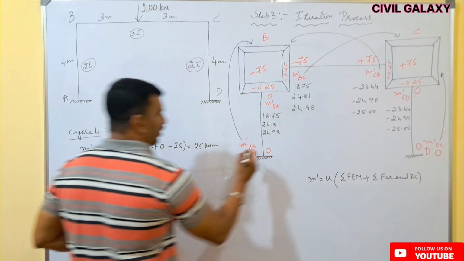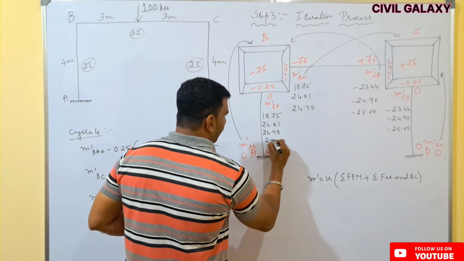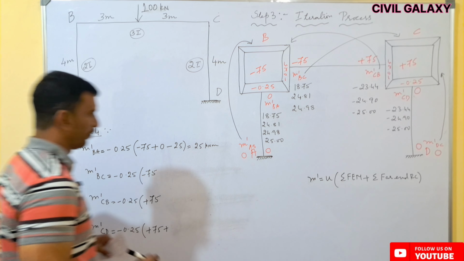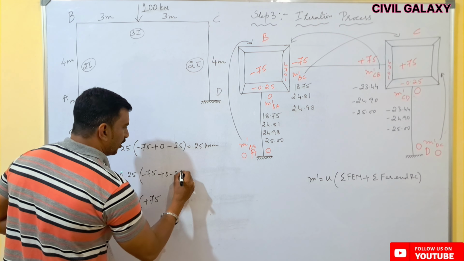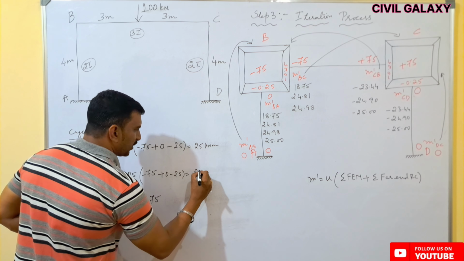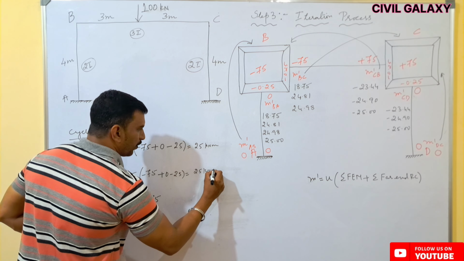So here the value will be equal to 25.00. So here also it remains same, minus 25, which is equal to plus 25 kilonewton meters.